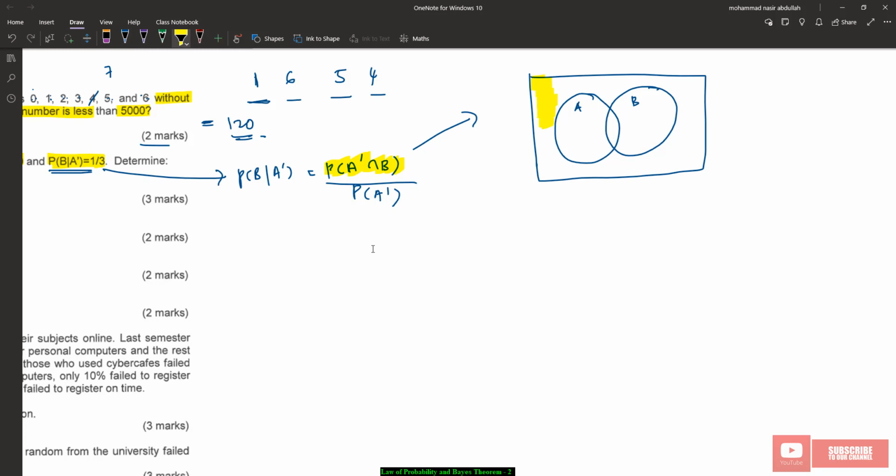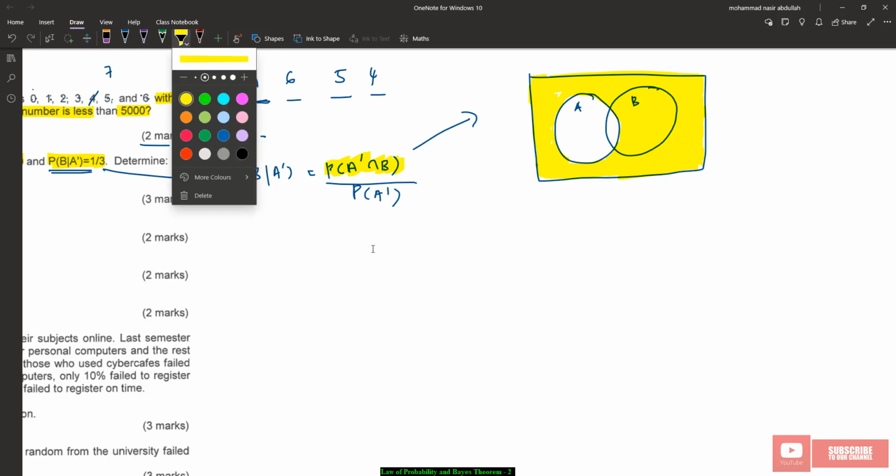Outside A is A complement, including B. The circle is A, and everything outside the circle is A complement. So this is all A complement. You got the idea, right?